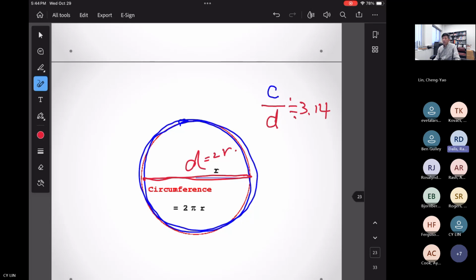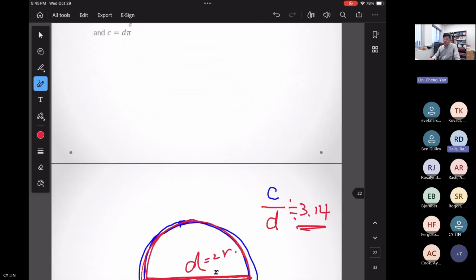Oh, I didn't know that. Yeah, any circle. So let's say you want to take a watermelon and cut it in half, and you divide the circumference by the diameter D, you get approximately 3.14. This is the number, and this is a ratio.